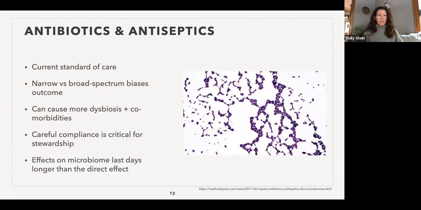And so I know that antiseptics and antibiotics are the current standard of care in veterinary medicine to tackle a lot of microbial overgrowths, both narrow and broad spectrum. Realize that they do have their own chemistries. So those chemistries then bias who survives and who dies that insult.